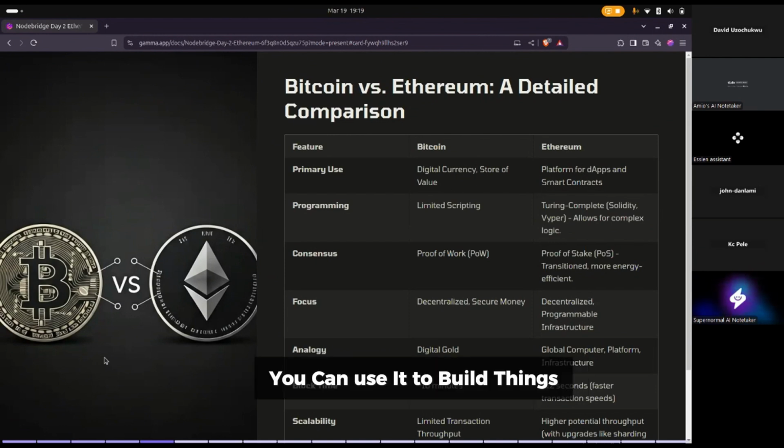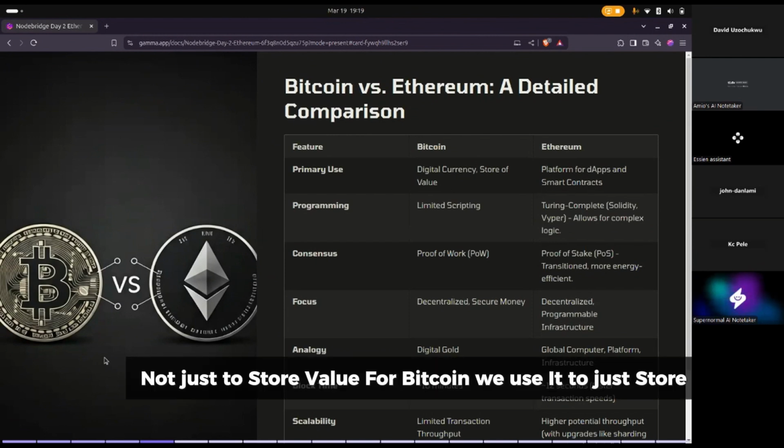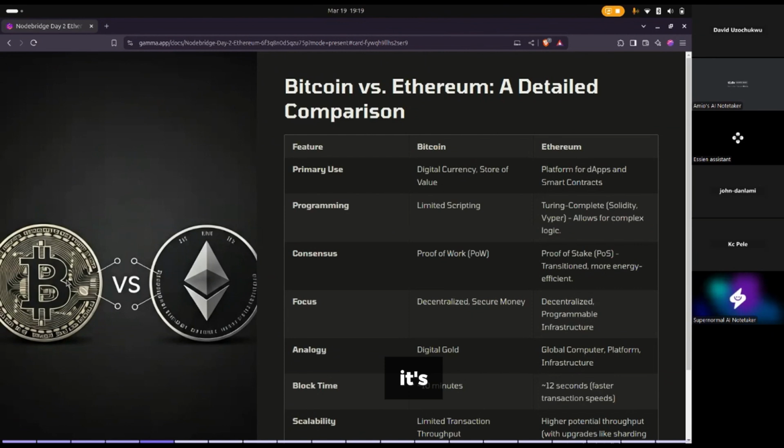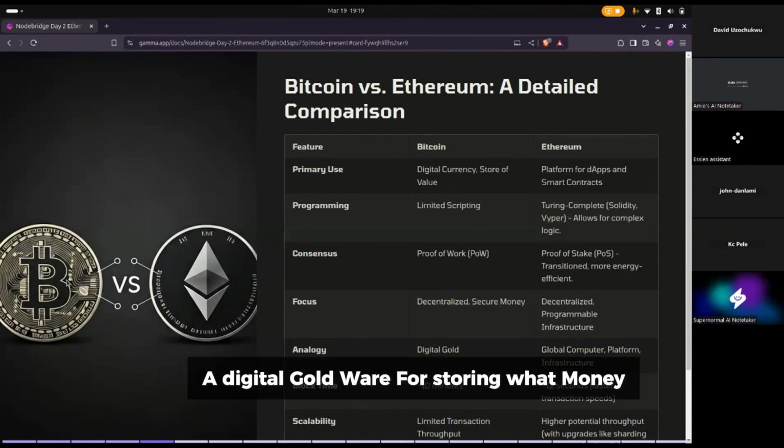You can use it to build things, not just to store value. For Bitcoin, we use it just to store, though they are currently trying to shift that. But for now, Bitcoin is a digital gold for storing money.